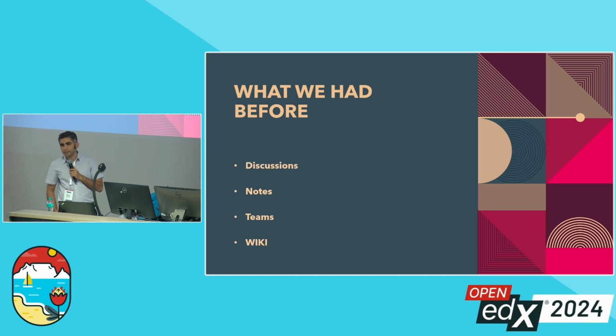What we had before in Open edX, the most used one, is the discussions or forum, which is coming from the early days of the internet, where forums started almost by the time of the internet.